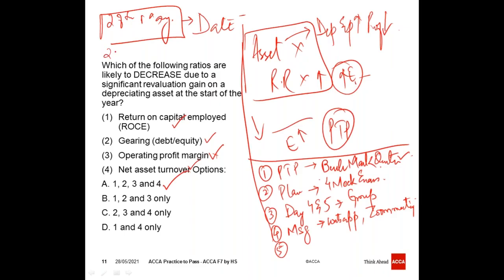You have the 29th, 30th, and 31st. You still have 3 days in the month of May, and almost 1 week in the month of June. So you have almost 10 days. Do not spend your time on any other activity except this paper FR. If you are a working student, I recommend you send an application to your employer and take leave for at least 7 to 8 days for the preparation of this paper.